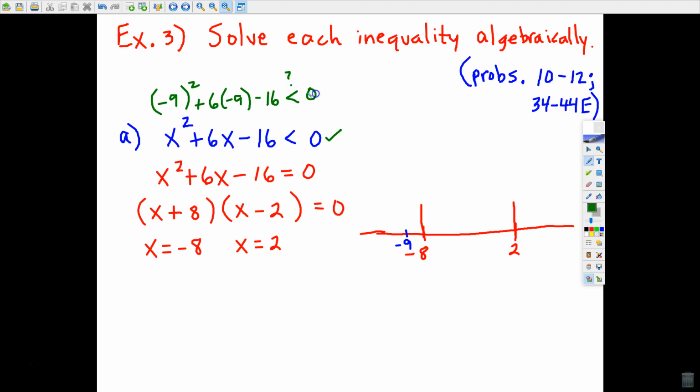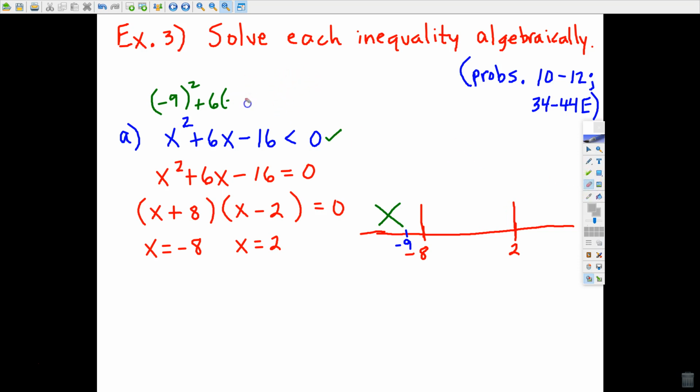Is that less than 0? Well, let's see. Negative 9 squared is 81. 81 minus 54 is 27. 27 minus 16 is 11. 11 is not less than 0, so what I've just proven here is none of these numbers less than negative 8 are part of the solution.